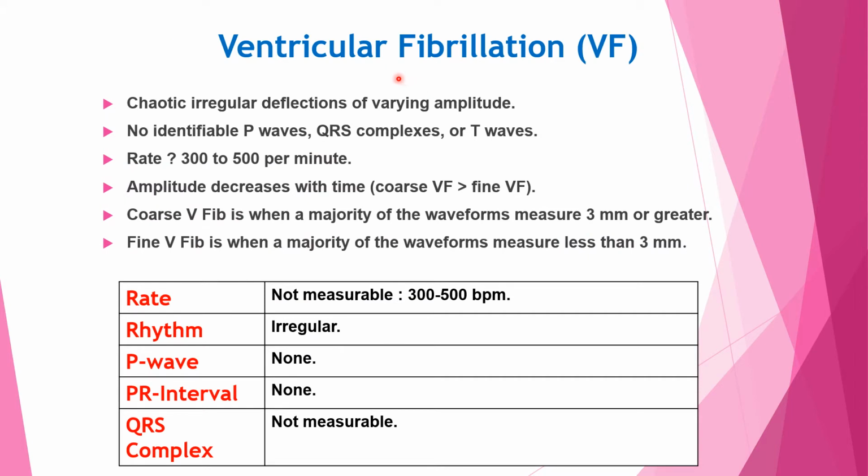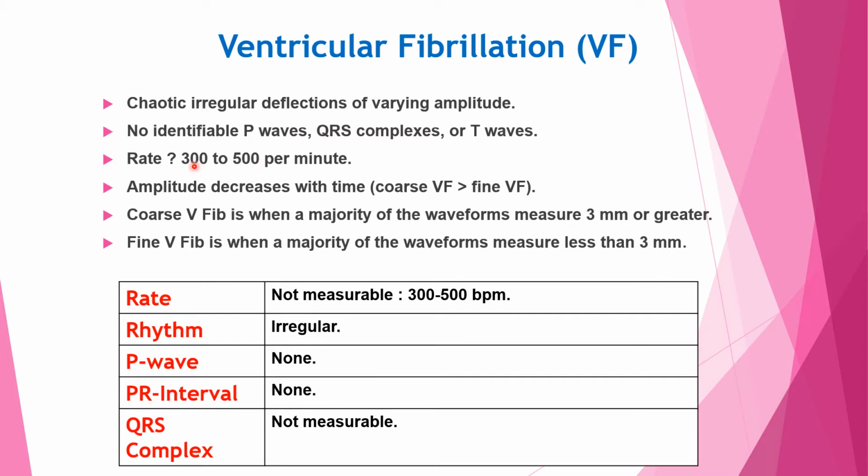VF. It is chaotic, irregular deflections of varying amplitude. In this rhythm, no P waves, no QRS complexes, no T waves. It is a chaotic rhythm.